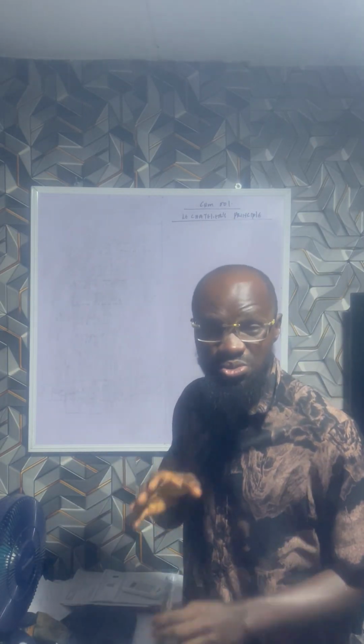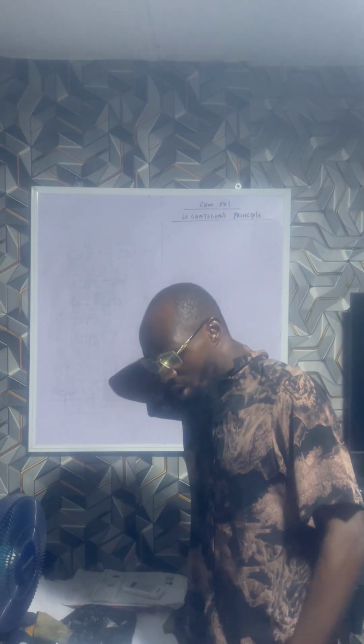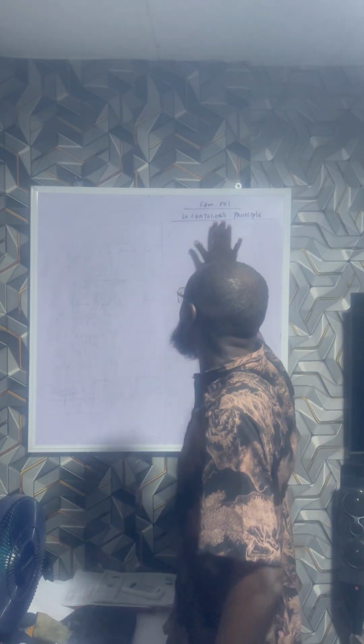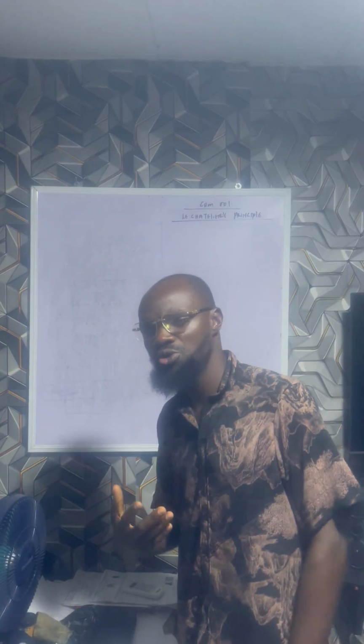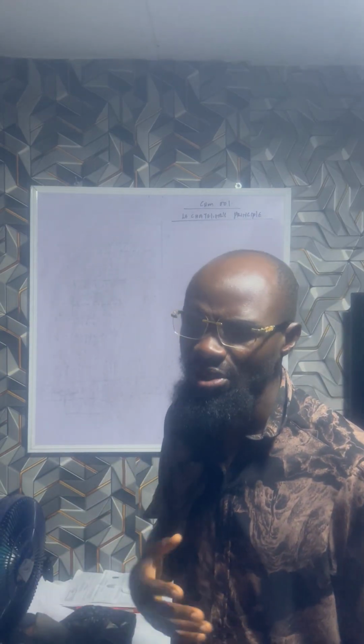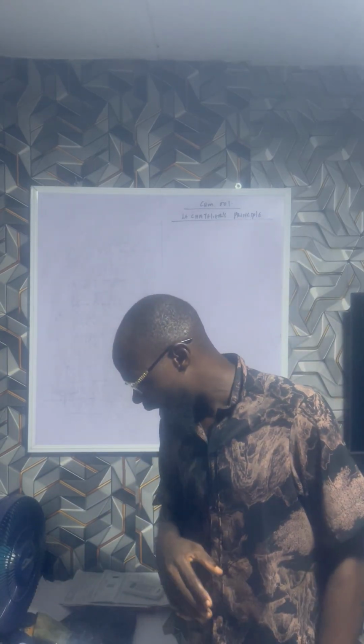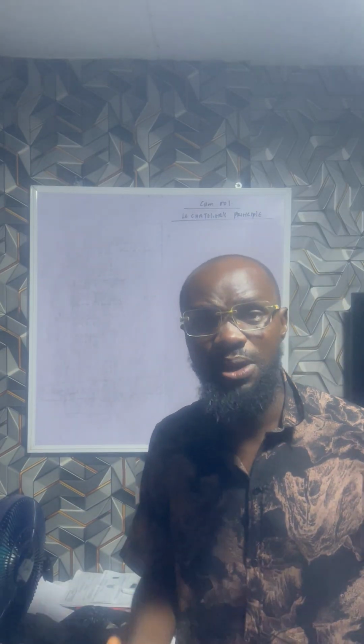Today, I want to quickly see what Le Chatelier's Principle is all about. In my previous videos, we have been able to check something on chemical equilibrium and what chemical equilibrium is all about. Static and dynamic equilibrium, equilibrium constant in terms of pressure, equilibrium constant in terms of concentration.